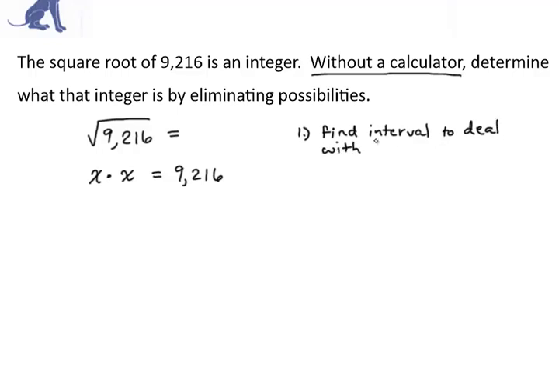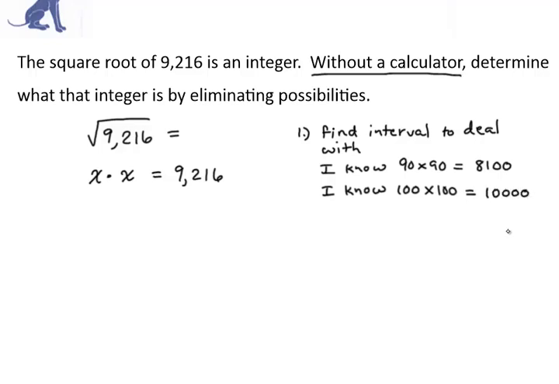And this is kind of a guessing and checking type thing, but here's what I know. I know that 90 times 90 is equal to, so 9 times 9 is 81, so it's equal to 8,100, which is less than 9,216, which is good. I also know that 100 times 100 is equal to 10,000.